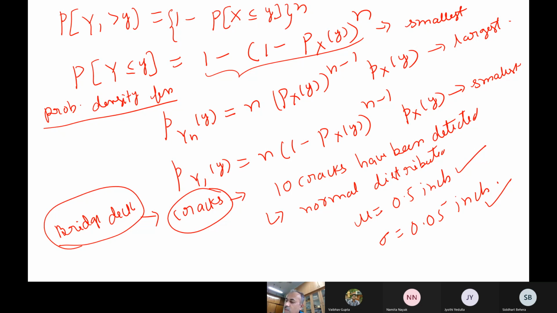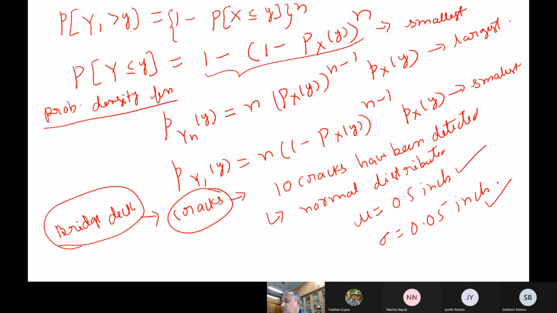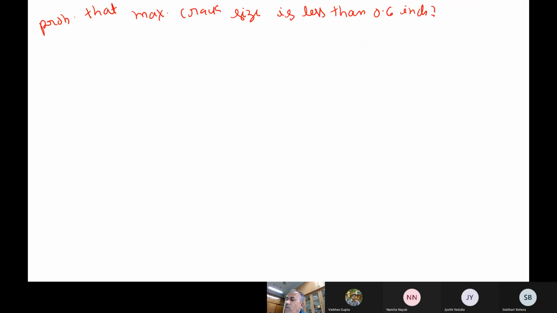Now I want to find the probability that the maximum crack size is less than 0.6 inch. You followed? The original data is a normal distribution, and the mean and standard deviation have been given to you. You have been asked to find the probability that the maximum crack size is less than 0.6 inch.